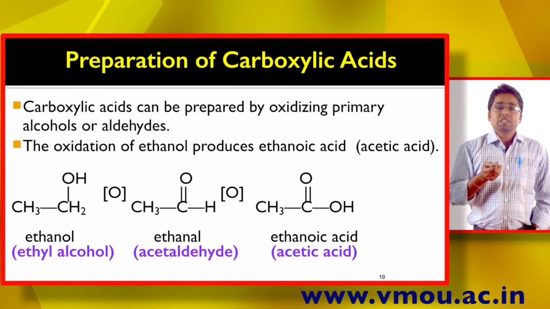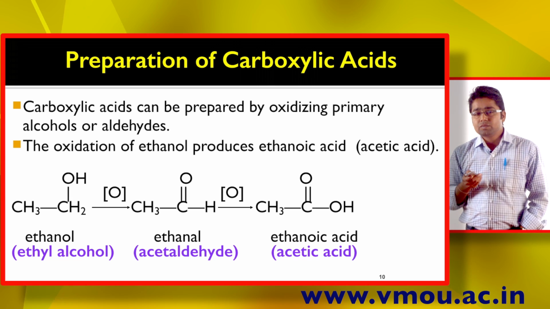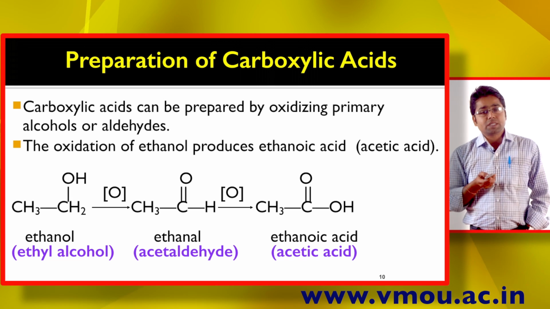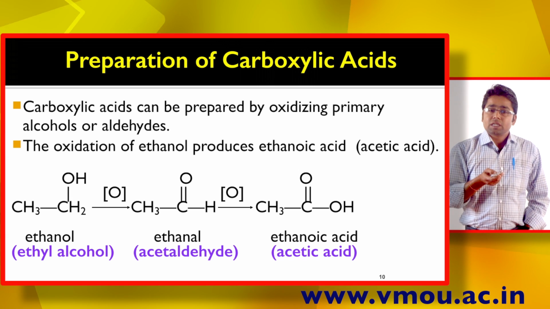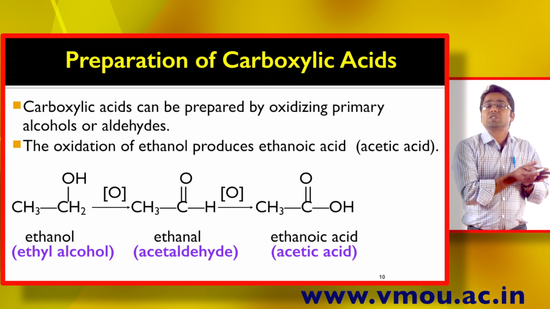Now the question is how carboxylic acids are synthesized. The most common method is by using alcohols. When an alcohol is oxidized, it forms an aldehyde after a single oxidation.